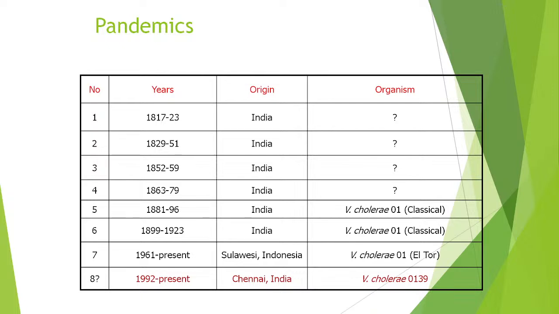India has been the source of most of these pandemics, and during the first pandemic Vibrio cholerae O1 classical was identified, and since 1992, this Vibrio cholerae O139 pandemic occurred, and it originated from Chennai, India, and right now this pandemic is also going on since the last 60 years of Vibrio O1 El Tor biotype.